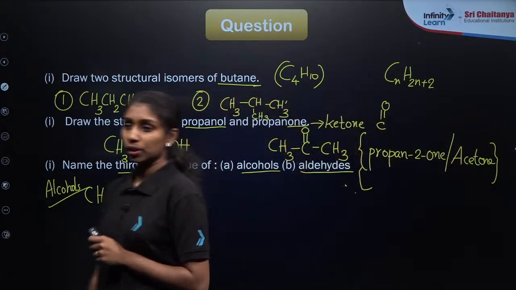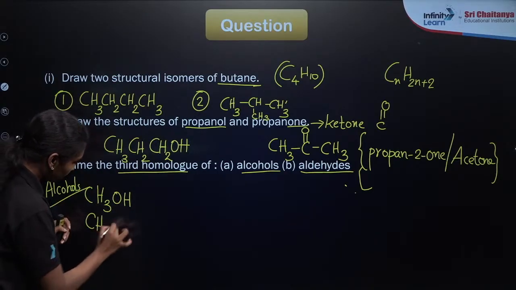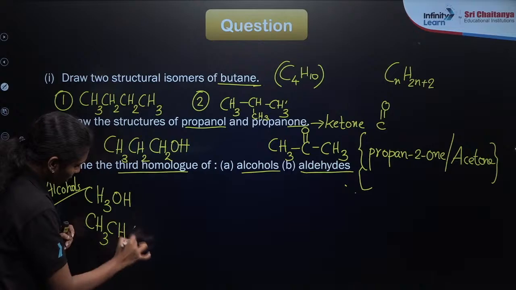CH3OH, methanol. Now we are adding a CH2 unit here, so we will form CH3CH2OH, this is ethanol, right?